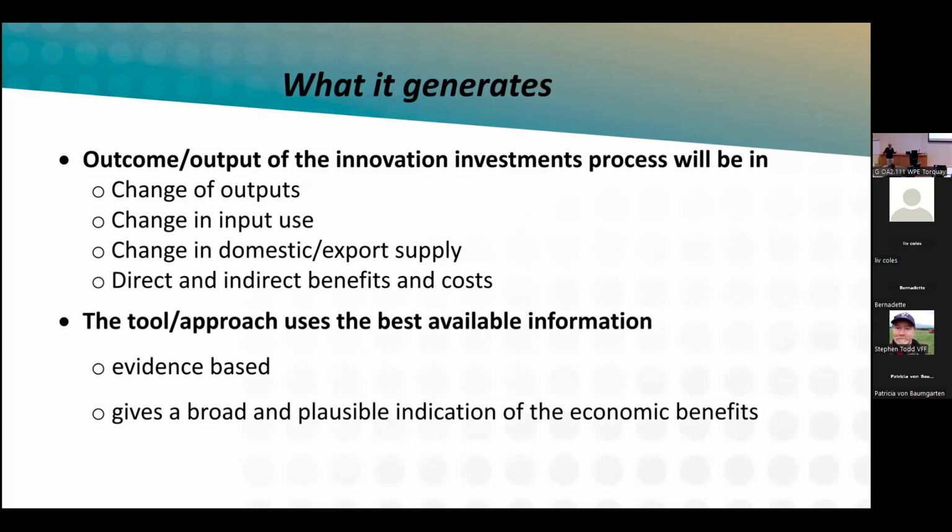It could have impact on the export supply. In other words, both direct impacts, indirect impacts, and the benefits. So the approach is evidence-based. It's not just hypothetical, just picking some numbers, and it gives a broader indication of the likely economic impacts.